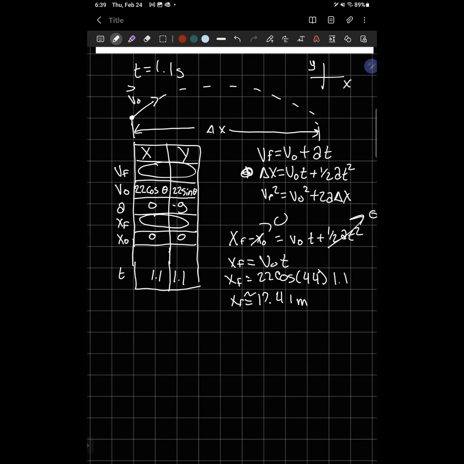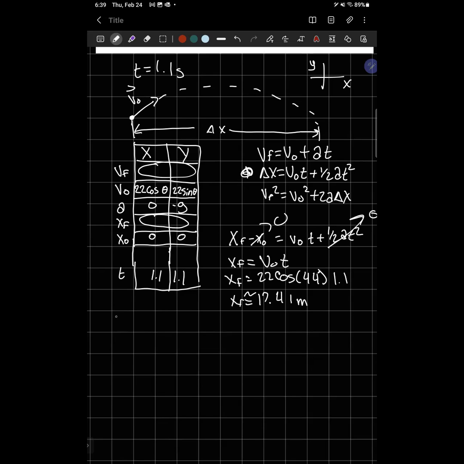No, it's not necessarily max height. I just want to know the height at 1.1. Oh, at 1.1 specifically? Yeah, so at 1.1 seconds, what is my vertical height? You can still use your middle equation.